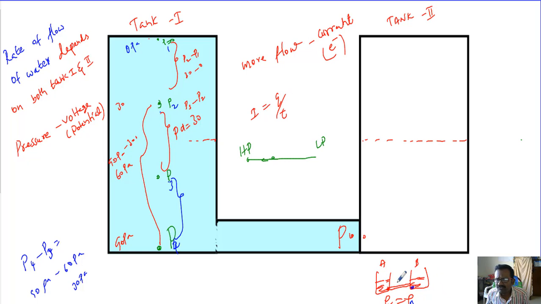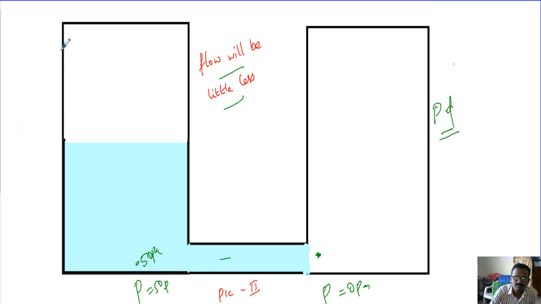So there will not be any flow. So the potential difference is 0 volt. The unit of potential is volt. It should be given in volt. Potential difference is also in volt. Right? Okay.